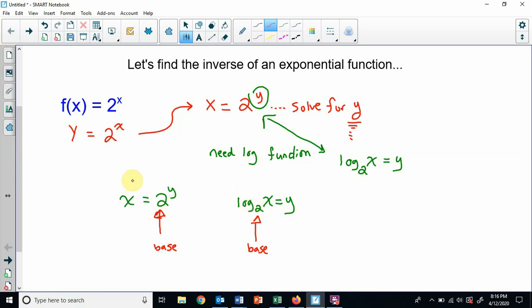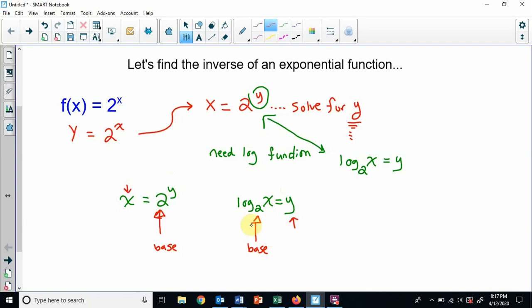And then look, these two, the input and what it is equal to, switch spots. So here the answer was x, and we input y. Here the answer is y, and we input x. So there's the solution.